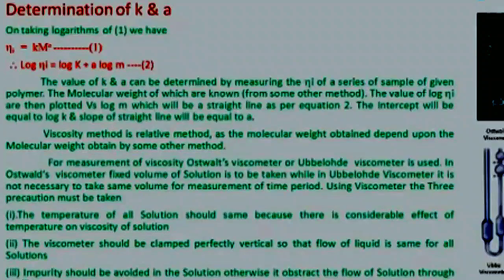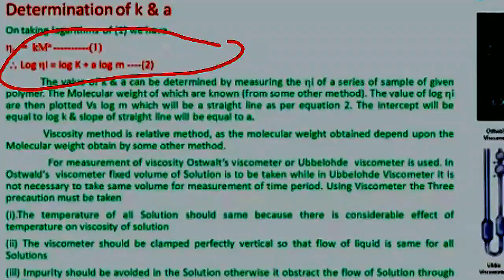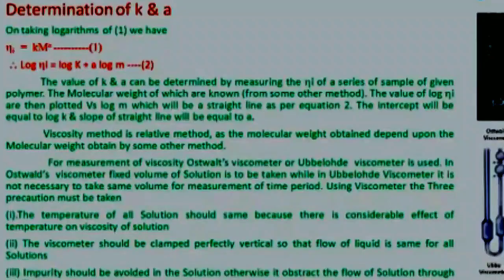Now, how to determine the values of K and A? From the equation eta I is equal to K into M raised to power A, take logarithm on both sides and solve. So, you get log of eta I is equal to log K plus A into log M. The values of K and A can be determined by measuring the eta I of a series of samples of a given polymer, the molecular weights of which are known.